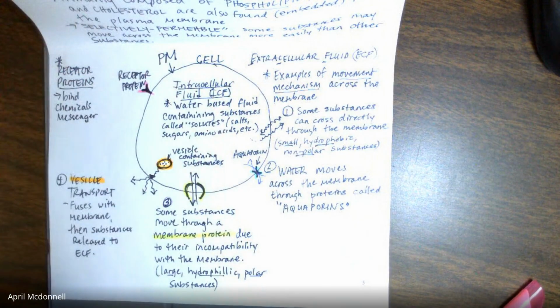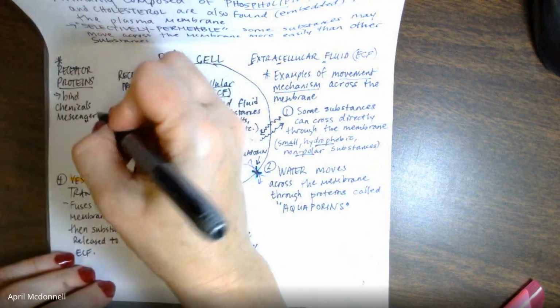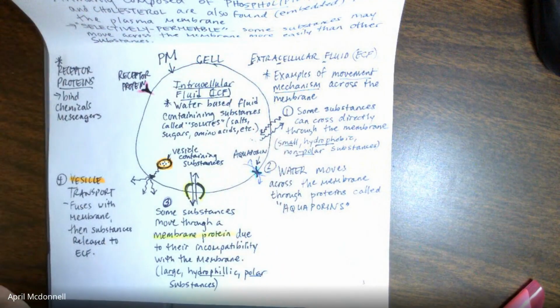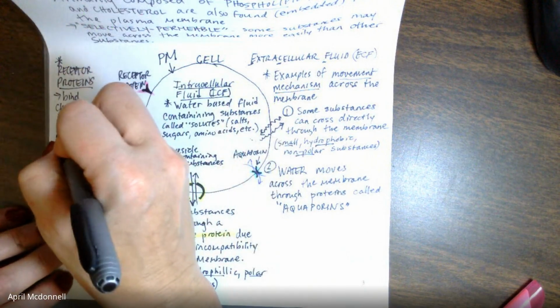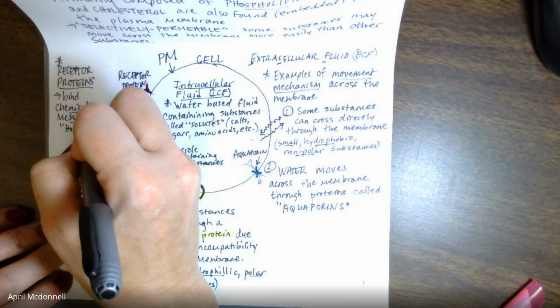So the receptor protein binds chemical messengers, or basically chemicals that may be found in the extracellular fluid. When that chemical messenger binds to the receptor protein, then a cell activity is triggered. Chemical messengers are often called hormones.